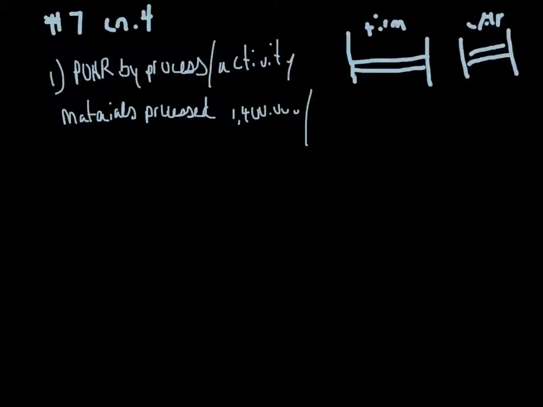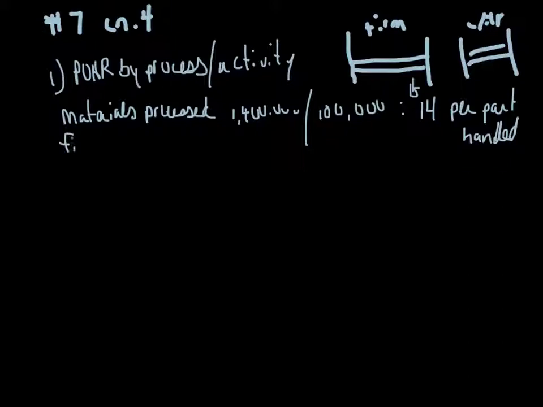So the 100,000 parts were handled. The allocation base for materials processed is number of parts. So if 100,000 parts were processed, that should come out to $14 per part handled. Okay, so that's the first one.